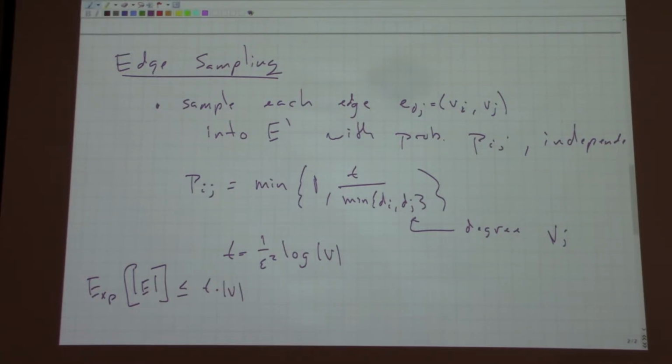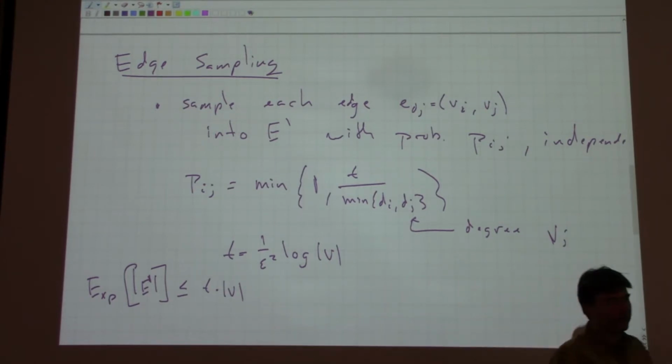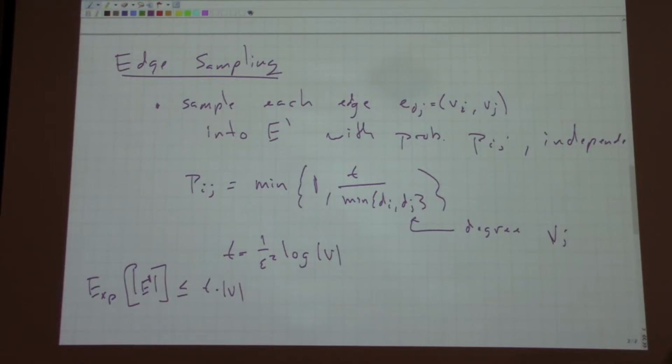Then if I set t this way, I get the size bound that I said I was getting. So I am no longer growing polynomially in the number of edges.